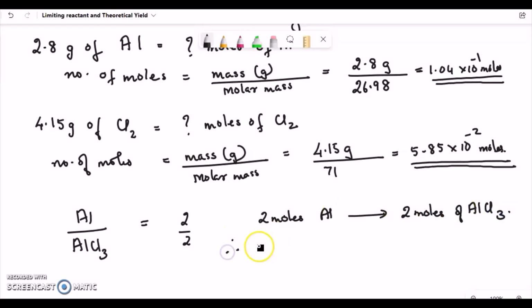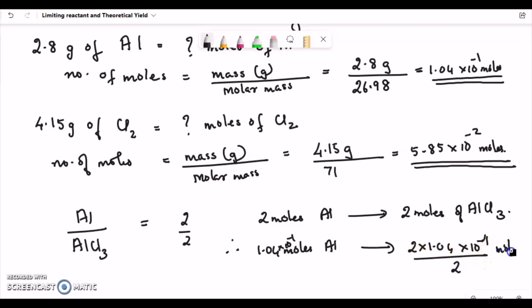Therefore, 1.04 times 10 raised to minus 1 moles of aluminium will produce 2 times 1.04 times 10 raised to minus 1 divided by 2 moles of aluminium chloride, which is equal to 1.04 times 10 raised to minus 1.